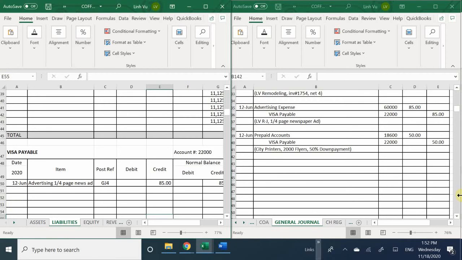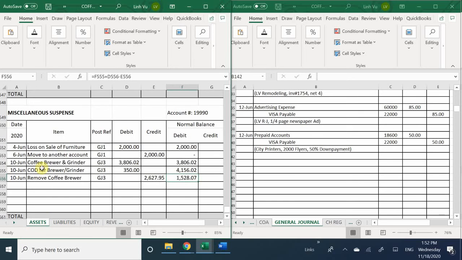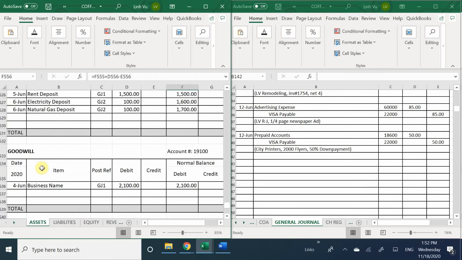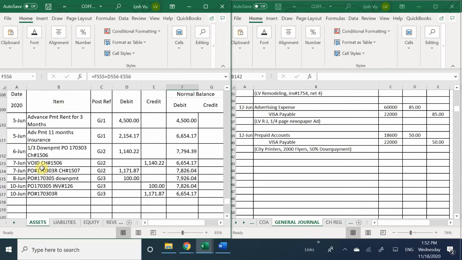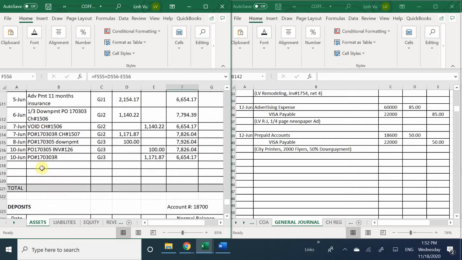Mm-hmm. So prepaid is an asset. Yes, prepaid should be above deposits. Here it is, prepaid accounts.